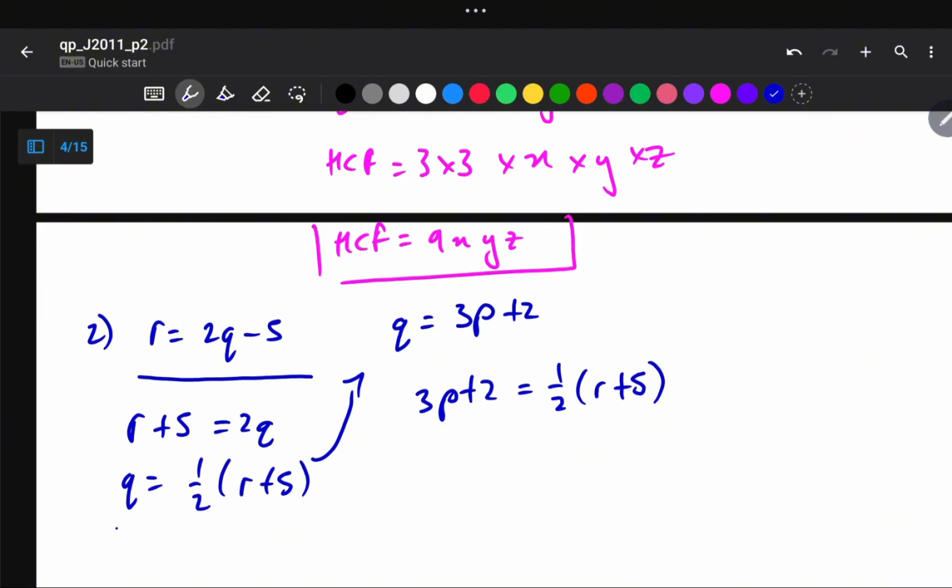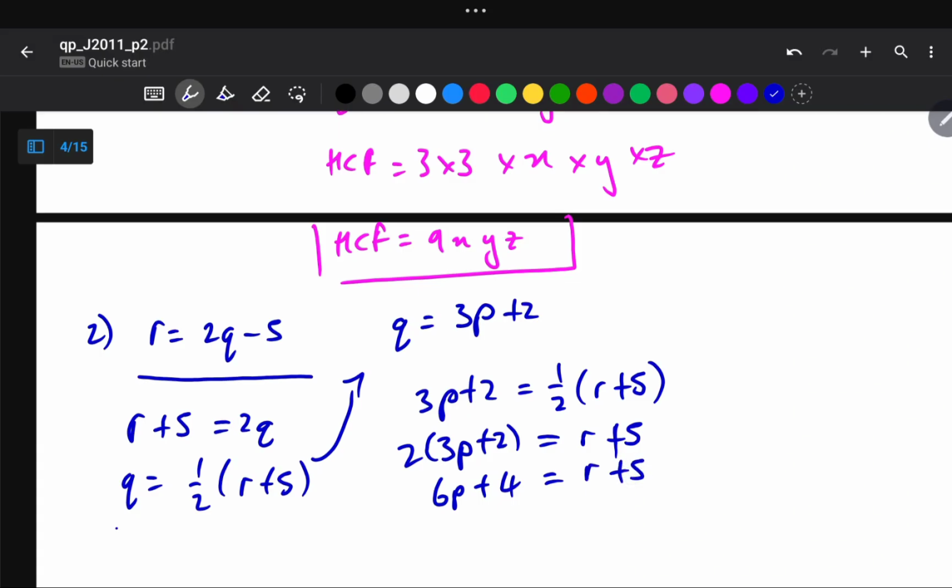So let us multiply both sides by 2 to clear this fraction. So we are going to have 2 multiplied by 3p plus 2 being equal to r plus 5. If we expand the bracket on the left hand side, we are going to get 6p plus 2 by 2, it gives us 4, being equal to r plus 5.